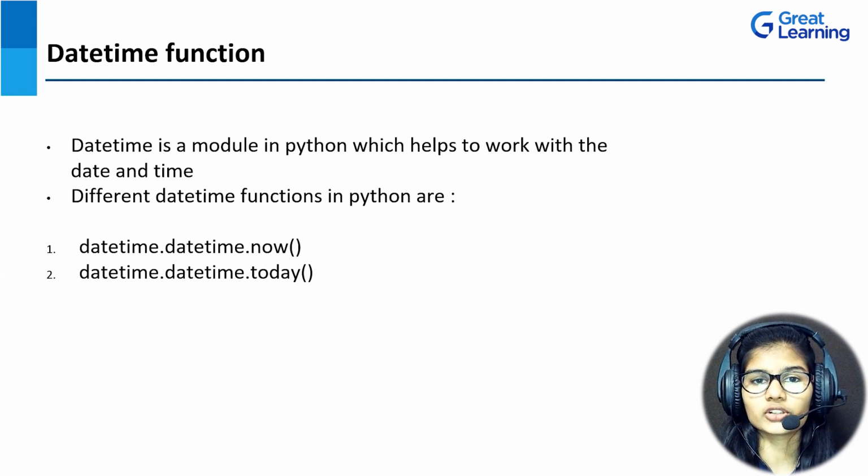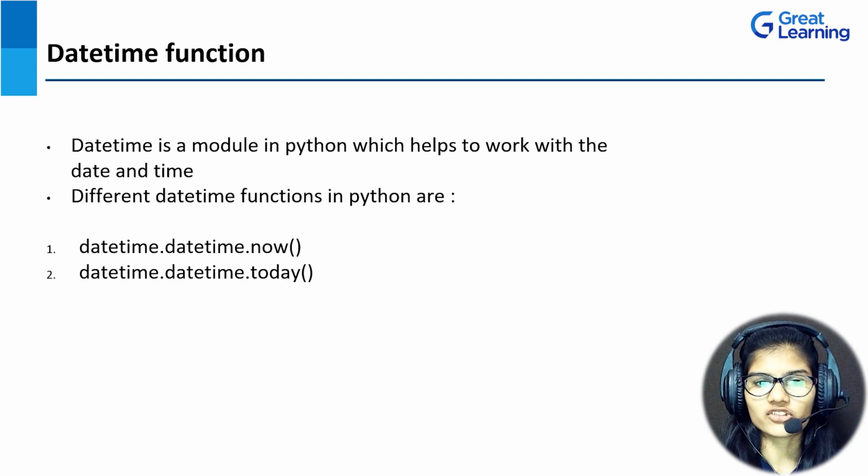So datetime is one of the modules in Python which helps you work with date and time. The different functions we have are datetime.now and datetime.today. I hope I'm clear on what these are and how you use them.